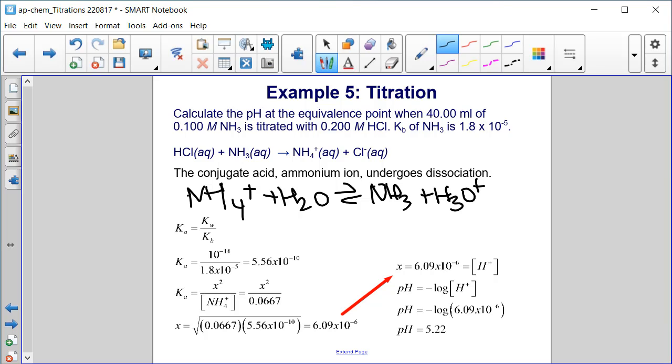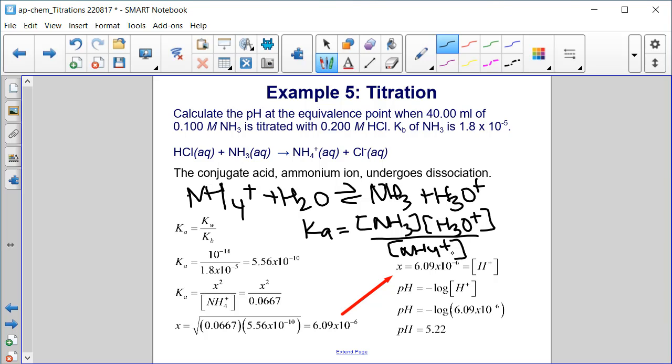So this is production of hydronium ion, so I need a Ka expression, right? NH3, H3O plus over NH4 plus, right? This is dissociation of a weak acid in water.